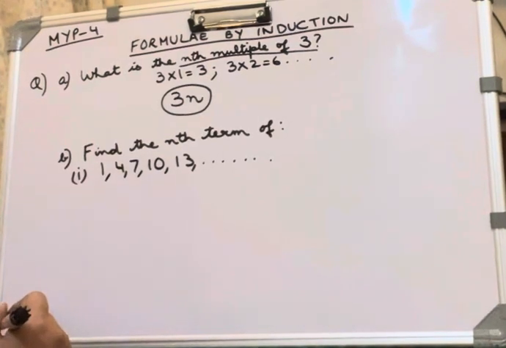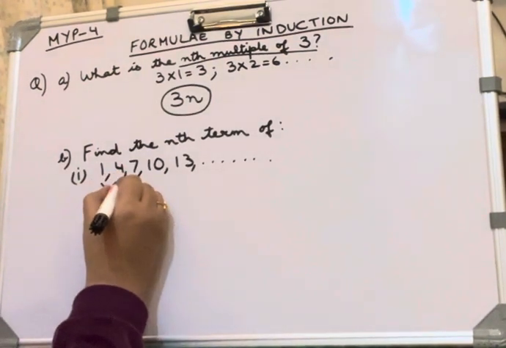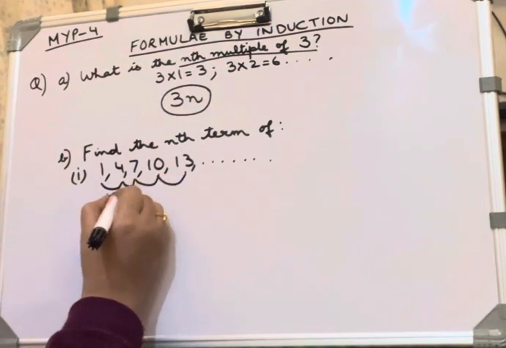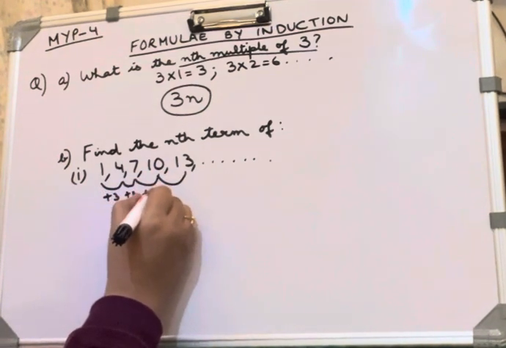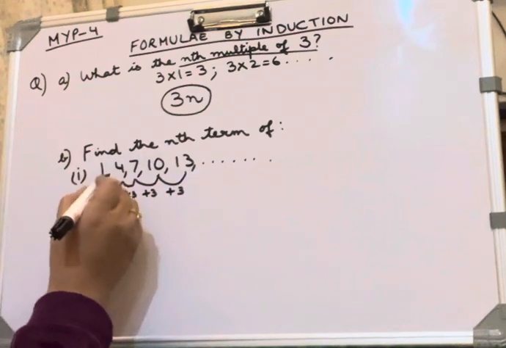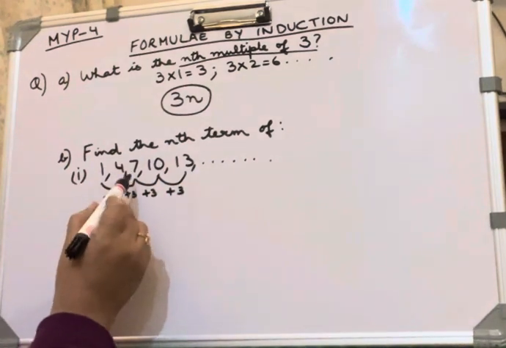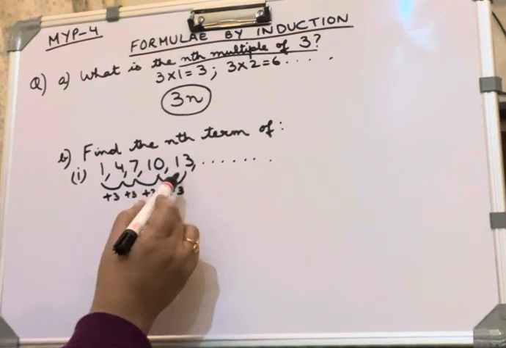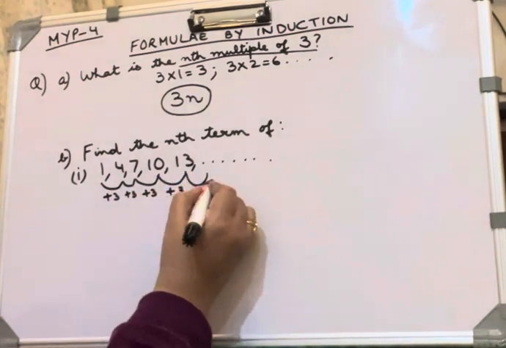Now we notice that we are adding 3 every time. So 1 plus 3, 4. 4 plus 3 is equal to 7. 7 plus 3 is equal to 10. 10 plus 3 is equal to 13 and so on.